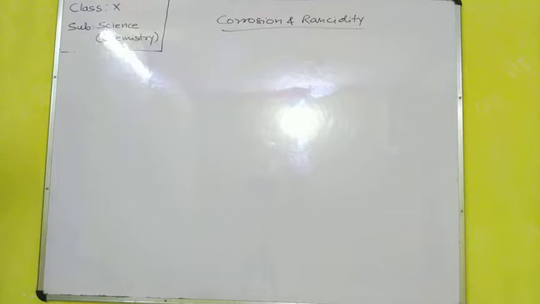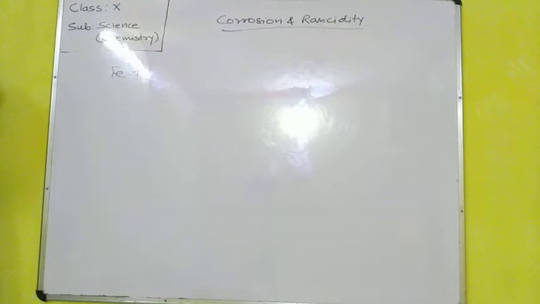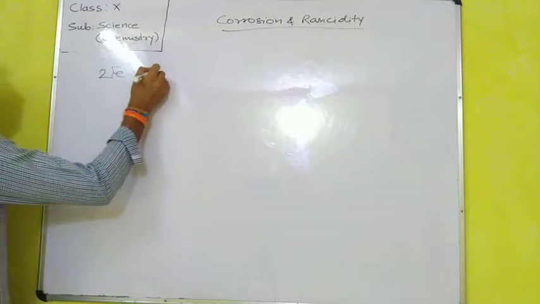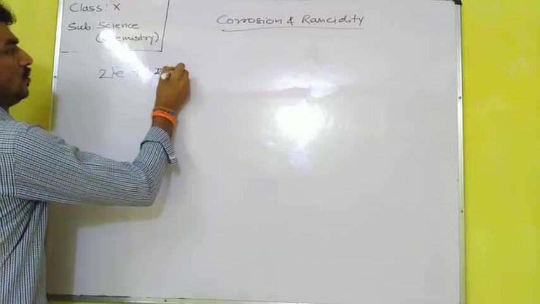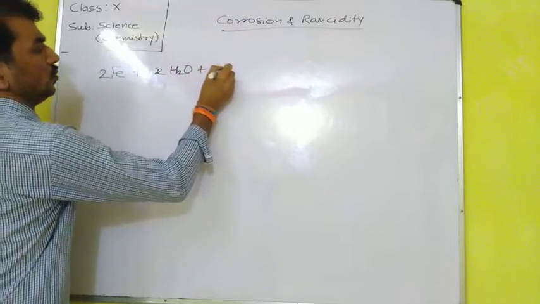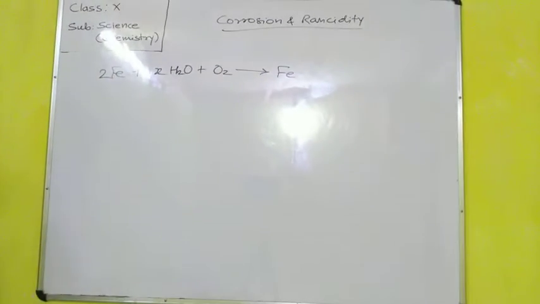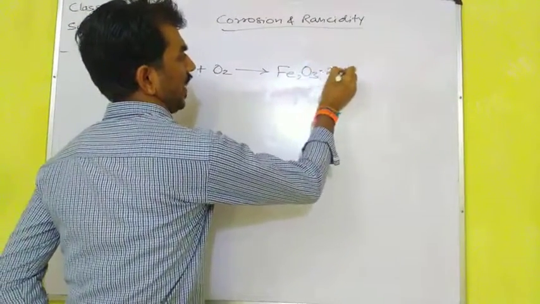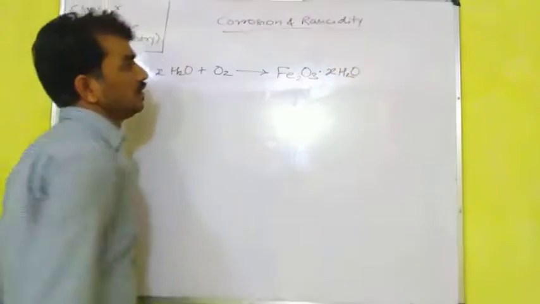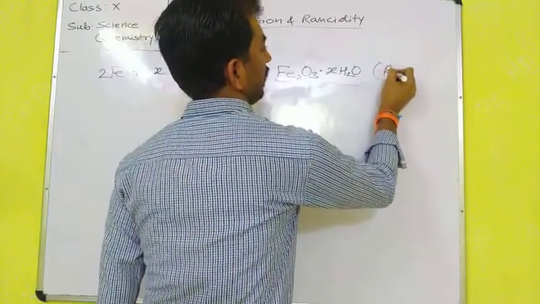Suppose we keep iron. In the atmosphere, water vapor is present. So 2Fe plus xH2O plus O2 forms Fe2O3·xH2O, hydrated ferric oxide, which is the example of rust.